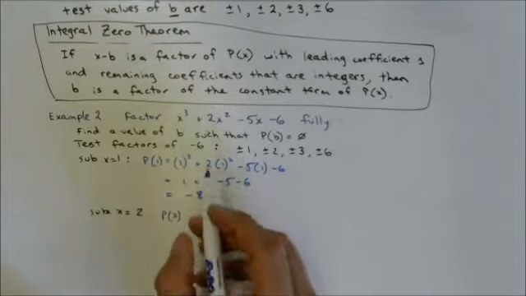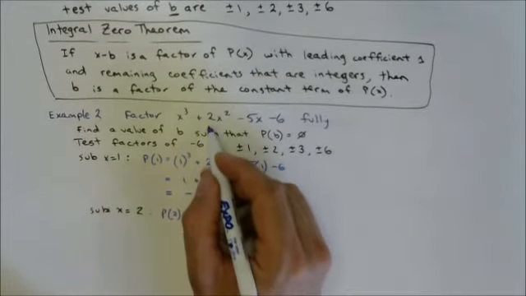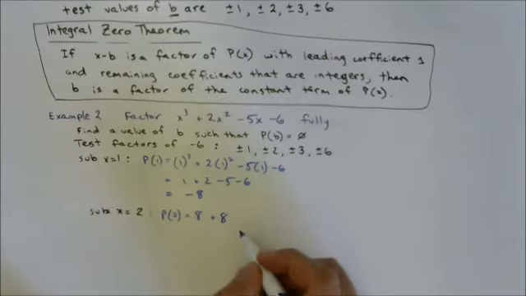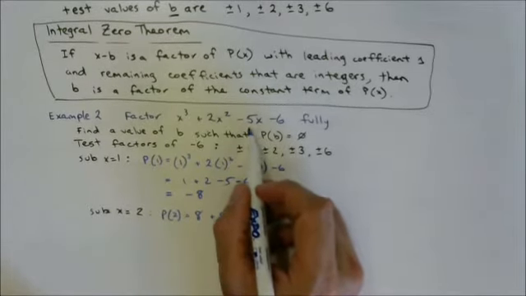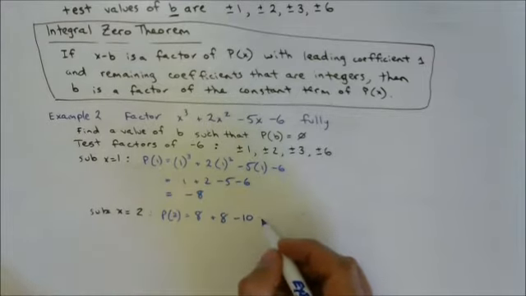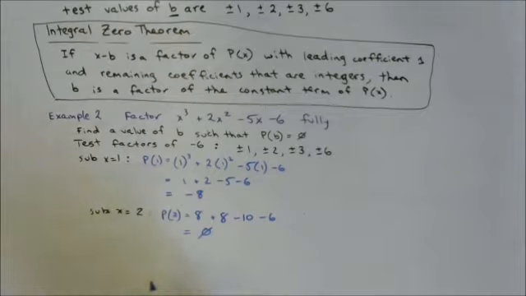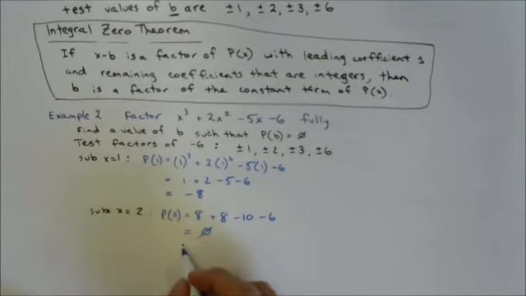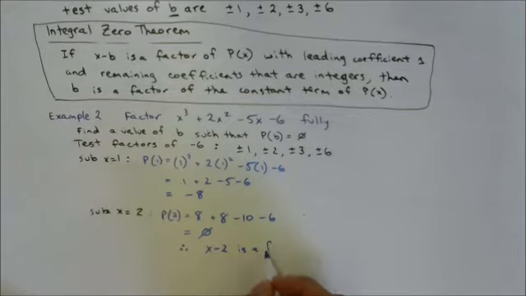That gives us 2 cubed, which is 8. It gives us 2 squared times 2, which is 8. It gives us 2 times -5, which is -10, and our constant -6, and that equals 0. Then we can say, therefore, x minus 2 is a factor.